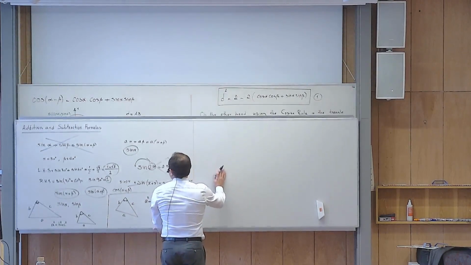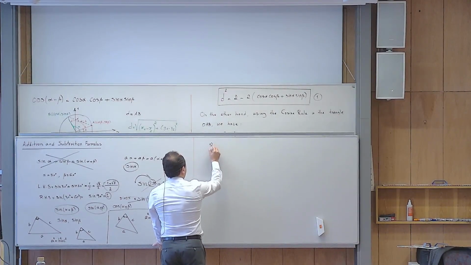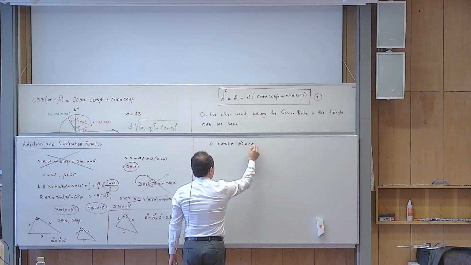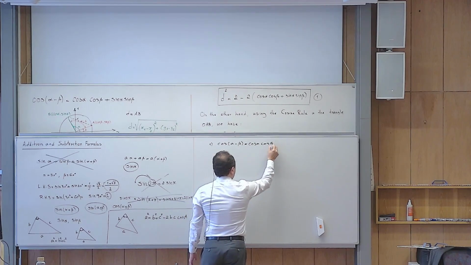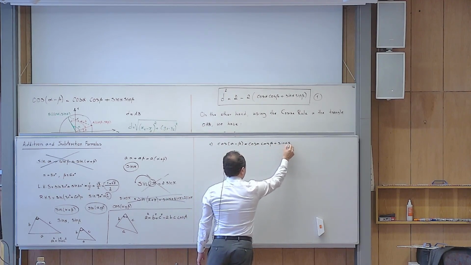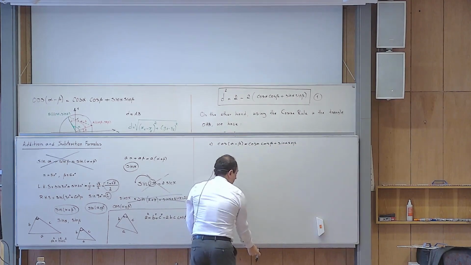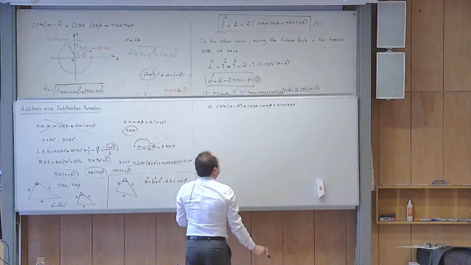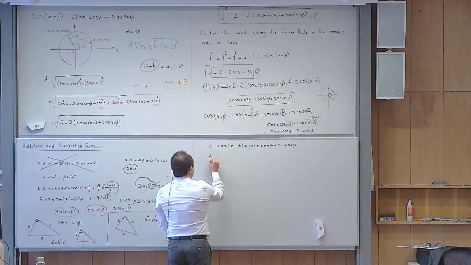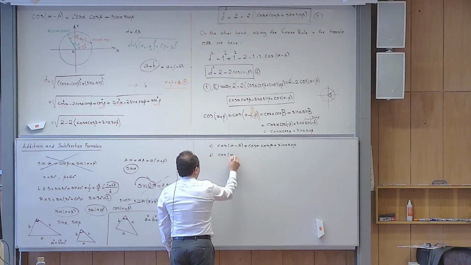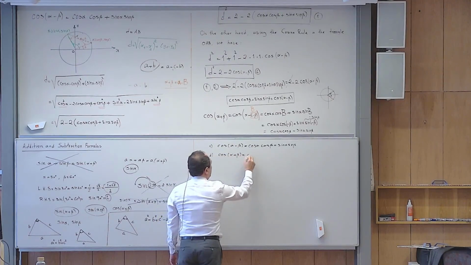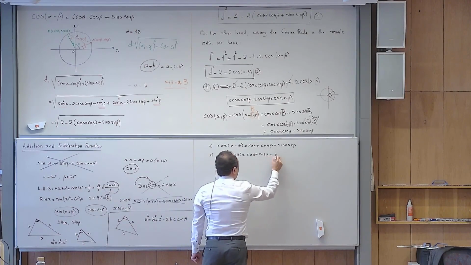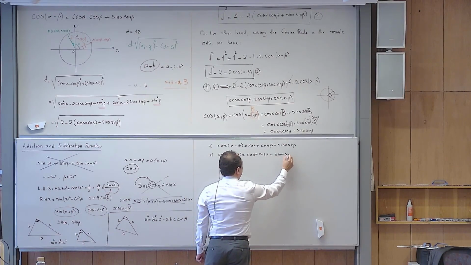Now this will be my second formula that I will write here for you. If you don't mind, let me write all the formulas here. Number 1 was cosine of alpha minus beta. It becomes cosine alpha cosine beta plus sine alpha sine beta. And the second formula: cosine of alpha plus beta is cosine alpha cosine beta minus sine alpha sine beta.